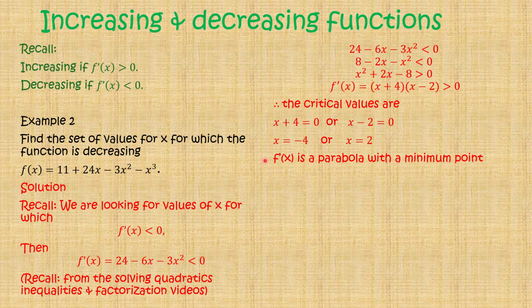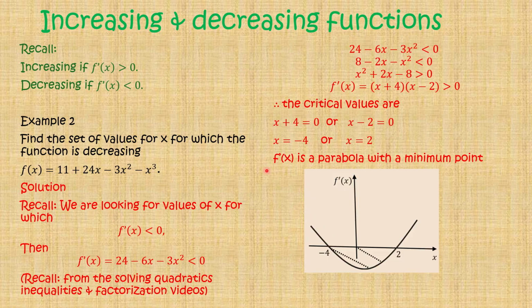These are concepts that we covered on sketching quadratic graphs, so check the videos out so that you get more details. Now, sketching this particular f prime of x, we are going to get a parabola that has a minimum point and intersects the x-axis at minus 4 and positive 2.